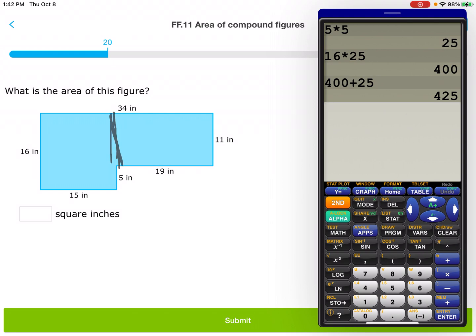It's okay. So when I look at this first rectangle, I want to really think consciously about what edges matter. This 19 is definitely representing this. That looks like a good number to use. This 11 is representing the width. 34, I don't want to use that 34 because that's representing this whole piece that I don't want, okay?